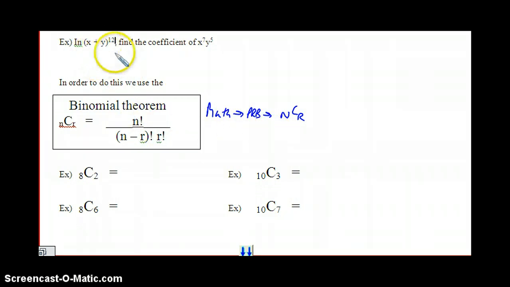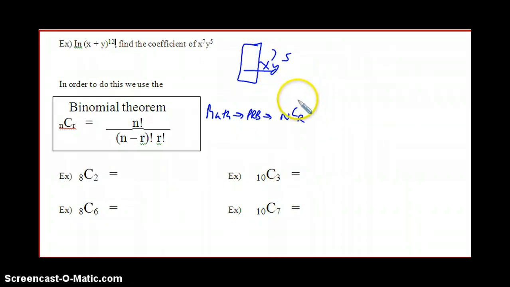If I wanted you to find the coefficient of the x to the 7th y to the 5th, I'm asking you to find the number that is out here in front. The way you're going to do that is use this binomial theorem, or you can use Pascal's triangle, and I'll show you that when we get to another example.